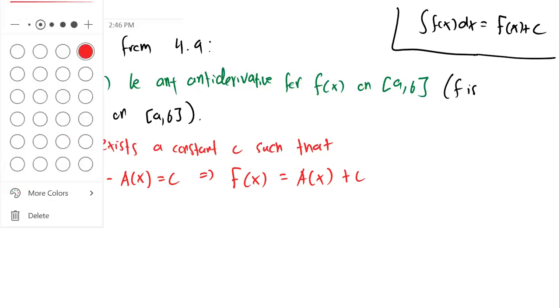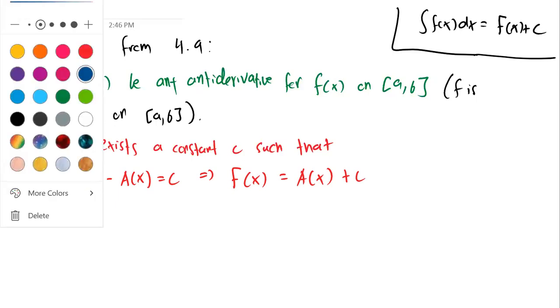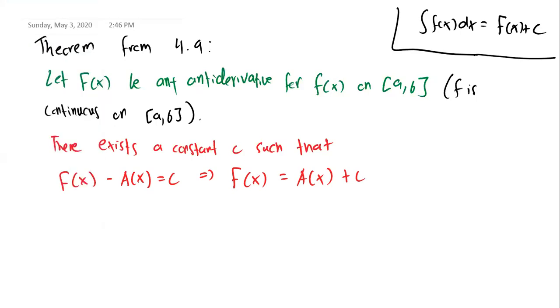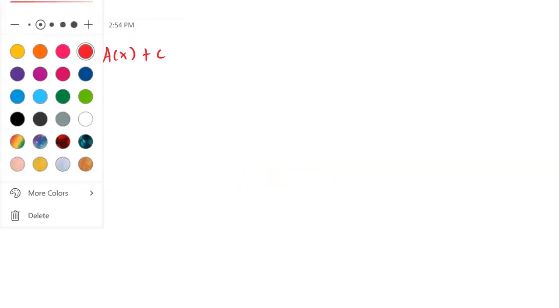And here's where the trick is going to come into play. Let's calculate, so let's go to another side. So here we just have, by using the theorem for 4.9, any two antiderivatives of a function differ by a constant, right? So let me rewrite this statement here. Right? So we had that F of x equals A of x plus c for some constant c.